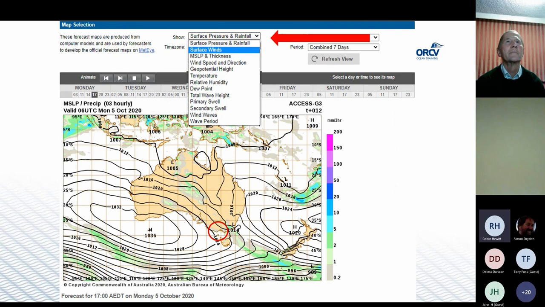Yes, very good. So particularly if you're looking at surface winds. Yes, surface winds from different models. It's important every time you change something or a selection up here, it's necessary to click refresh view or it'll stay on the map you had before.